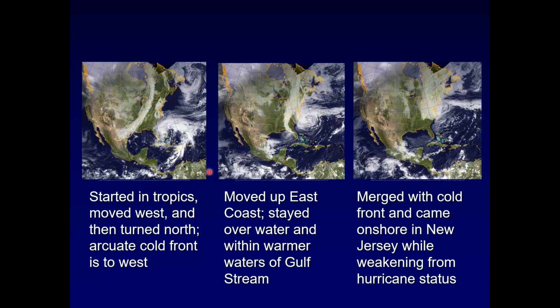And then it merged with the cold front and came on shore in New Jersey while weakening from hurricane status when it merged with the cold front. So it was sort of fueled by that warm water vapor, had a lot of strength that way, but eventually dissipated when it merged with the cold front. That puts a few things together, and we will stop there for this chapter.